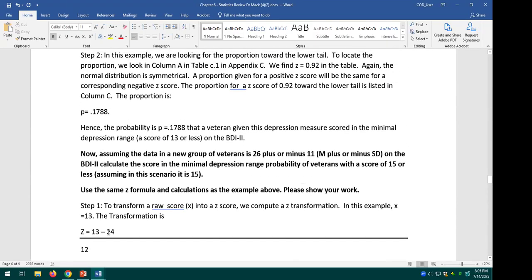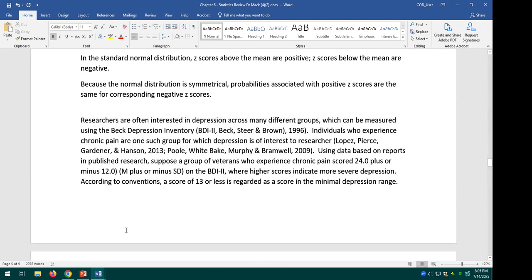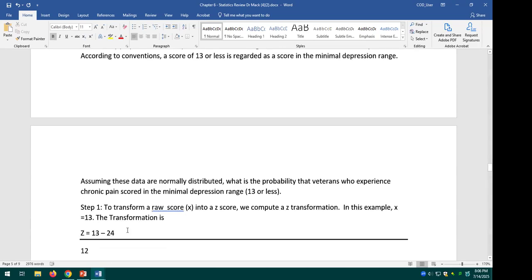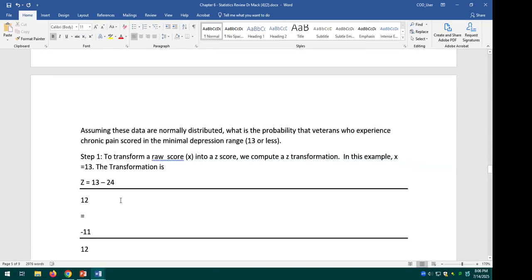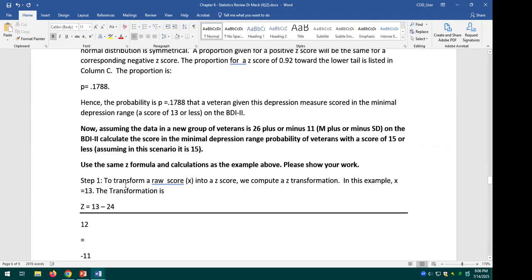So x minus m. So we know that they scored a 15.